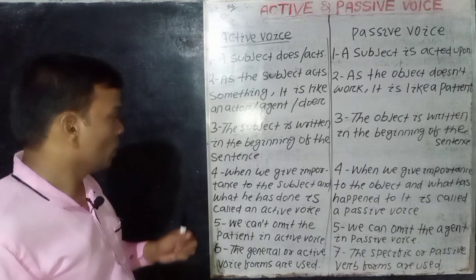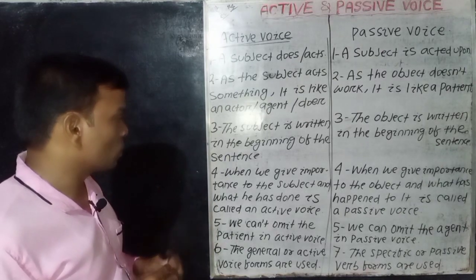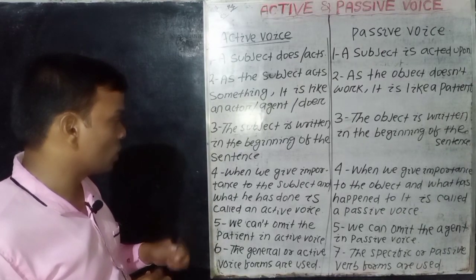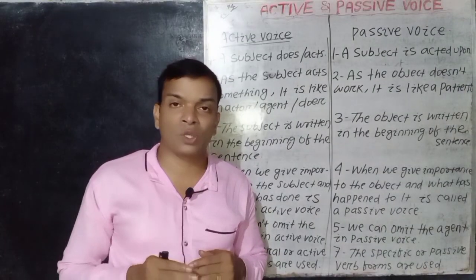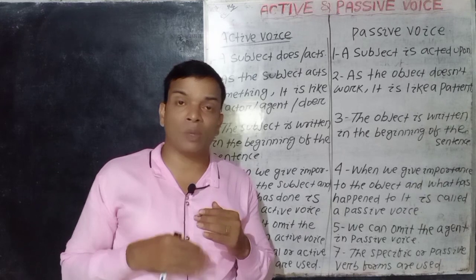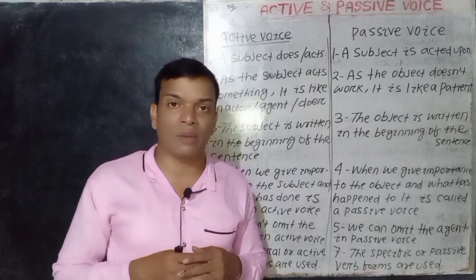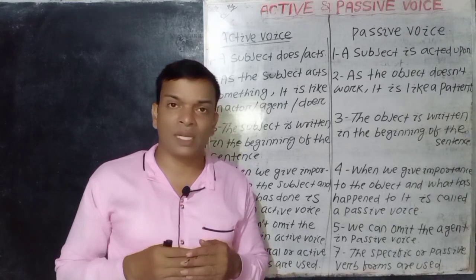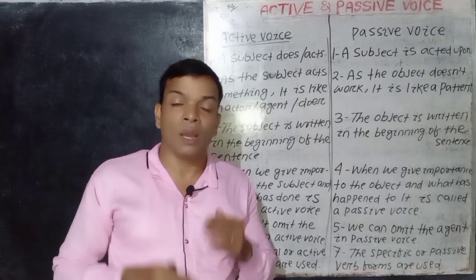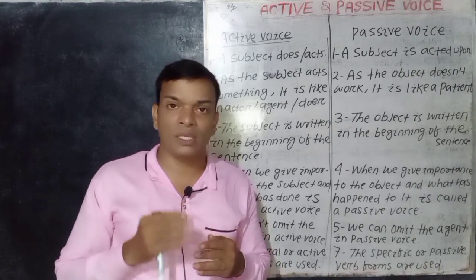Then fourth, when we give importance to the subject and what he has done, it is called an active voice. I have already told you the definition: when the speaker is interested to know about the subject and what he has done, then the sentence is in active voice.